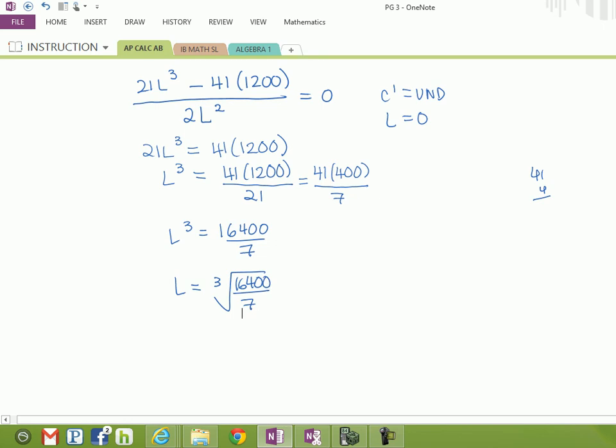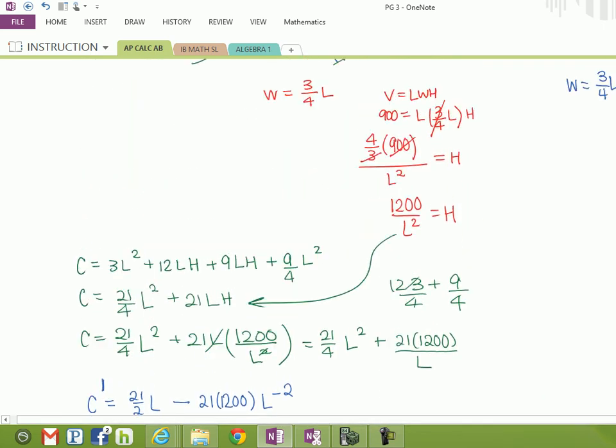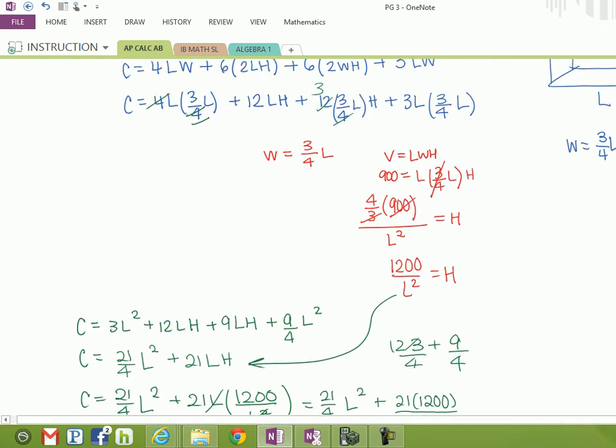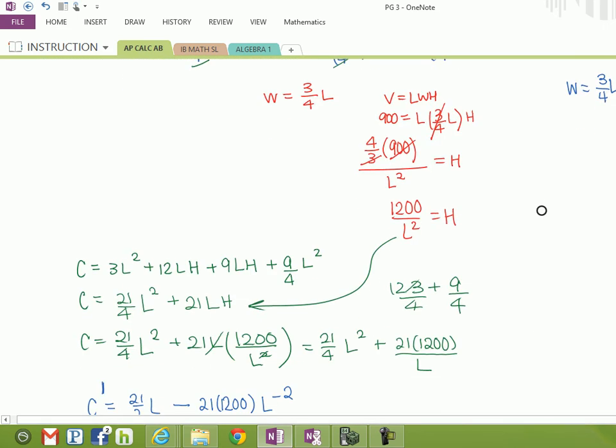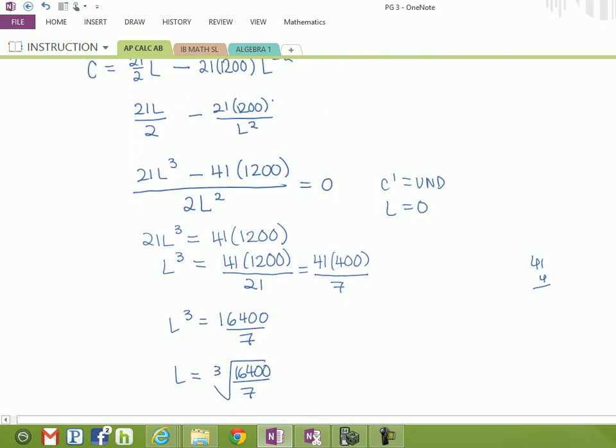There's a good chance that I made a little mistake somewhere, and if I did, go ahead and Edmodo me. The number doesn't look familiar, but I can't figure out where the mistake is at the moment.